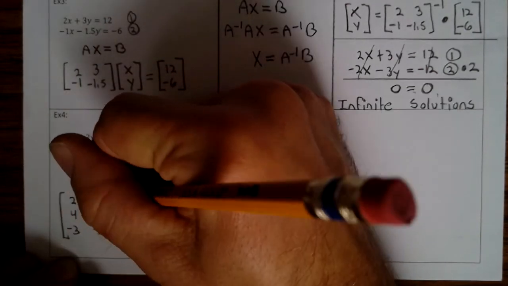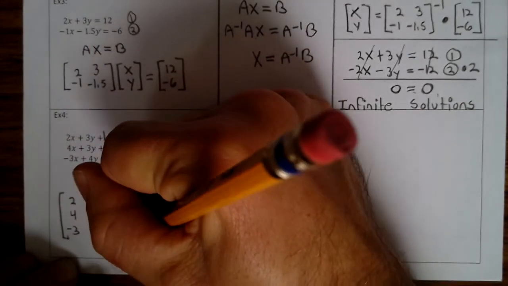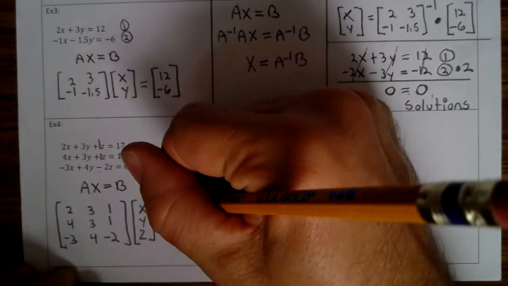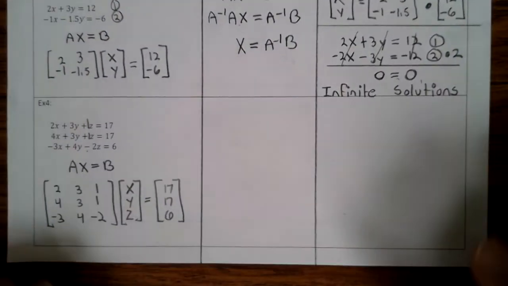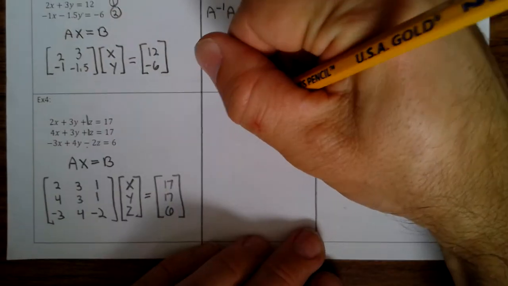equals 17, 17, 6. All right, so AX equals B. We multiply both sides by A inverse. That becomes 1.